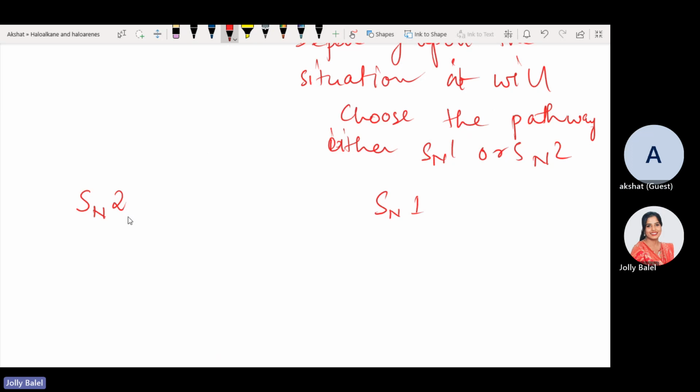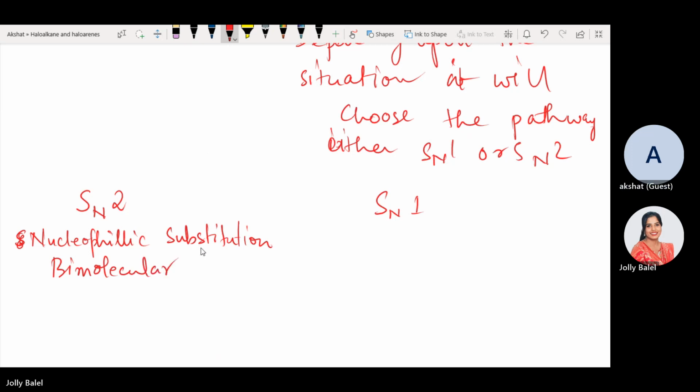Whenever we are talking about SN2, it means nucleophilic substitution reaction, and the 2 refers to bimolecular.